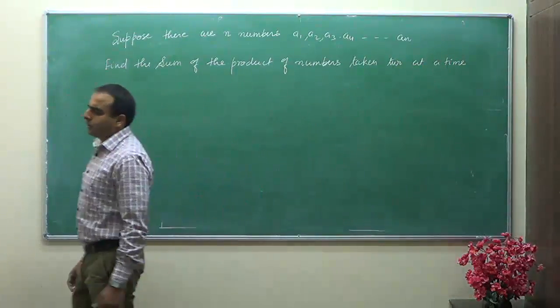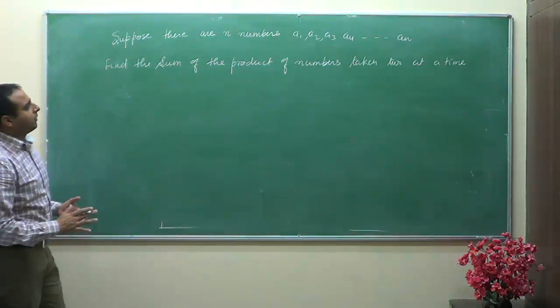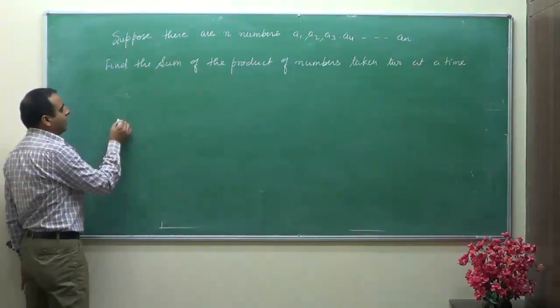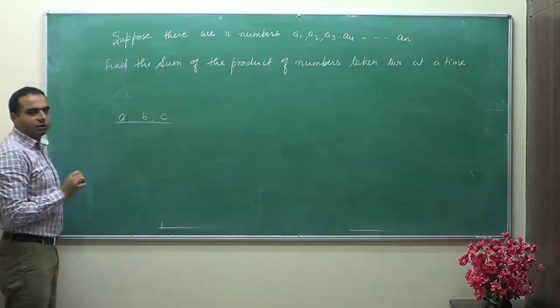Find the sum of the product of numbers taken two at a time. What does this mean? Understand it carefully.